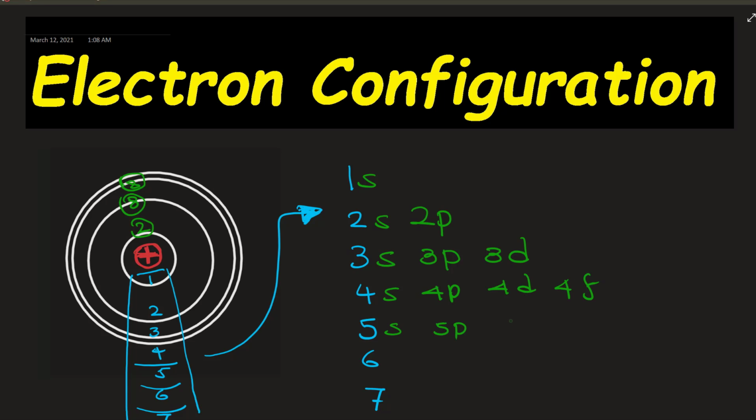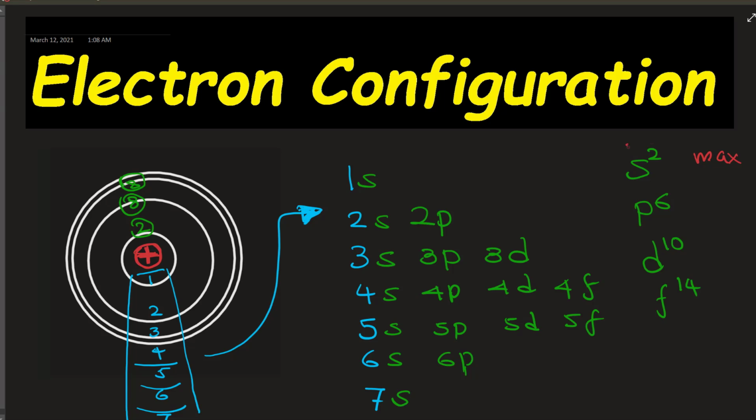We can go on, but what you see here is the principal energy levels 1, 2, 3, 4, 5, 6, 7, and the sublevels s, p, d, f, and that's good enough to fill everything in the periodic table. Also, we need to remember the s sublevel maximum is 2, the p sublevel maximum is 6, the d sublevel maximum is 10, and the f sublevel maximum is 14. That's also important to understand to do the electron configuration.